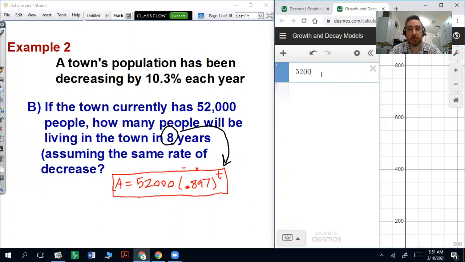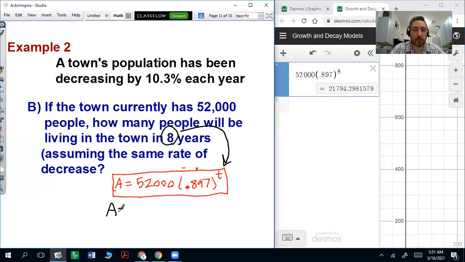So we can put that right into the calculator and figure that out. So 52,000, parentheses 0.897, shift 6, raised to the 8th power. So after 8 years, it looks like 21,794.298. These are people, so we don't have to have decimals here. We can round to the nearest whole number. So I'll show the work. It's not much.